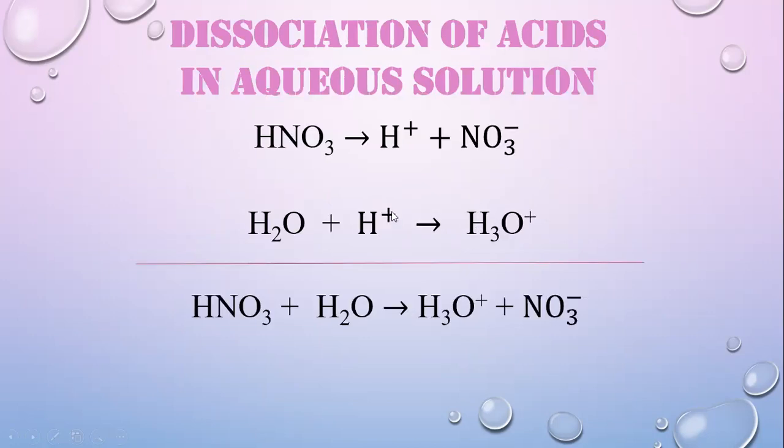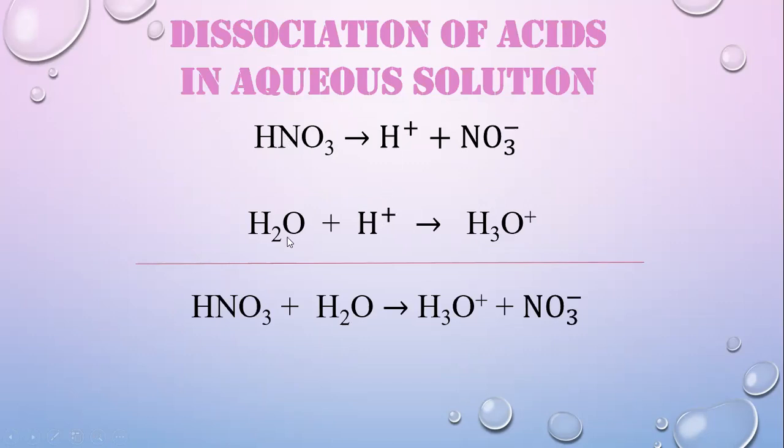We will see some more examples now. Now let's take the example of nitric acid. We have dissolved nitric acid in water. So a molecule of nitric acid ionizes into hydrogen ion and nitrate ion. This hydrogen ion is actually a proton. It's highly charged. So what happens? It cannot exist independently.